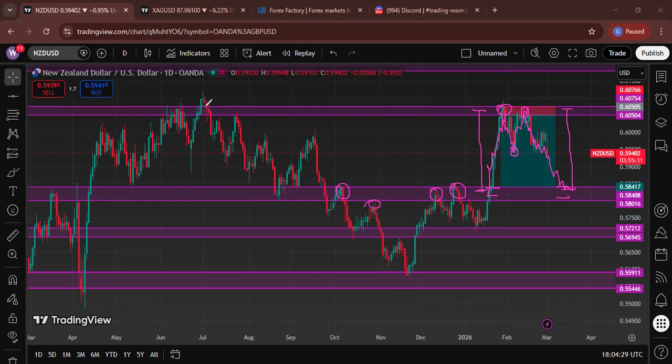Same case with this, we had from this demand all the way to supply, then from supply like that all the way down to demand, and that range is filled. Okay, so now the same case with what you have right here.